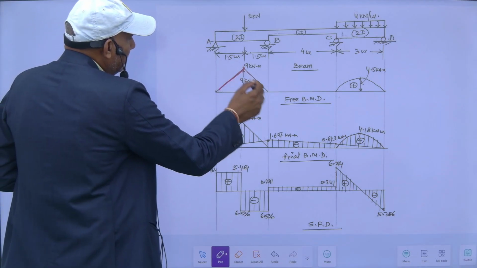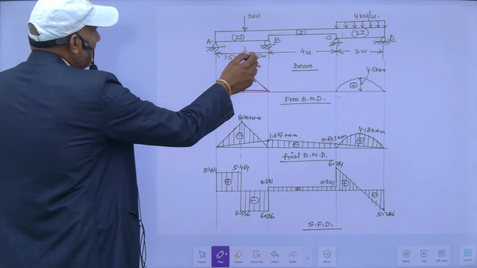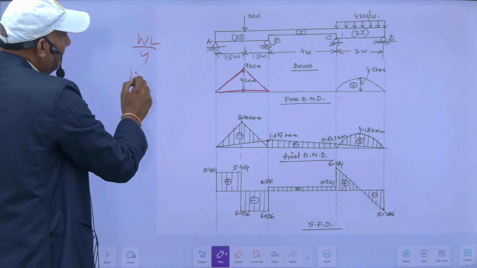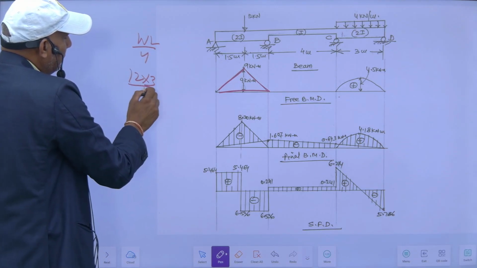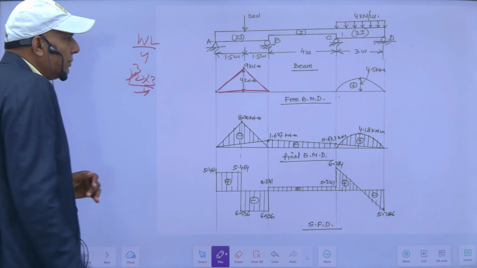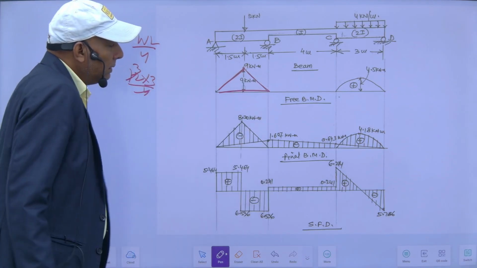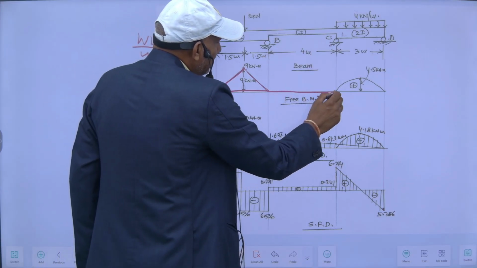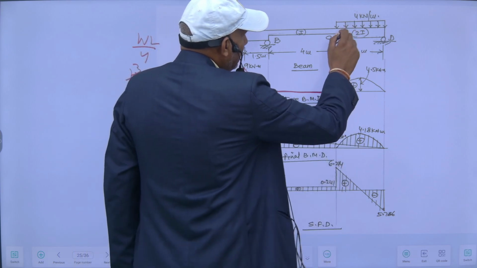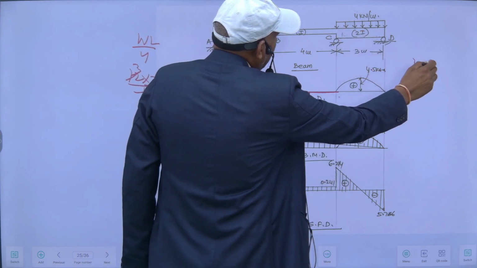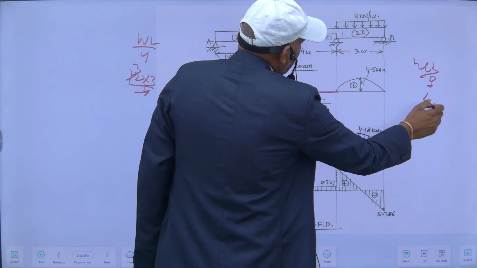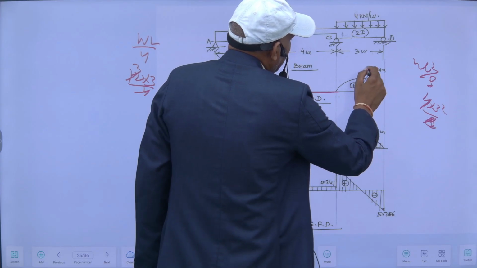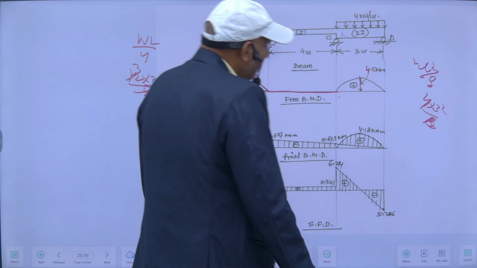It is acting at the center, so it will be WL by 4, means 12 into 3 by 4, so it will be 9 kilonewton meter ordinate I will get. For this BC span, since no load is acting, so no moment, and for this it is a UDL, so WL square by 8, 4 into 3 square by 8, I will get 4.5 kilonewton meter. This is the maximum ordinate.